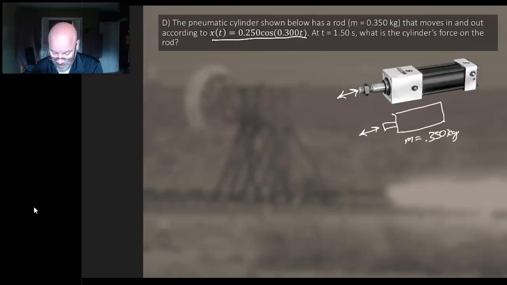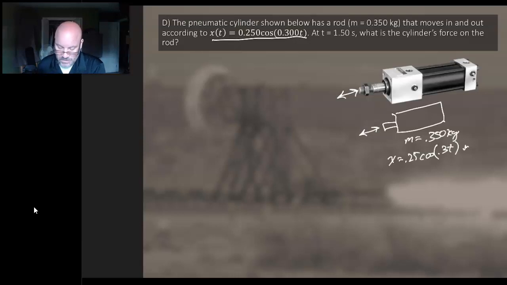And I know that it's moving according to the equation 0.25 cosine 0.3t. Okay, so then I've got everything down on there. By the way, that's going to be meters.